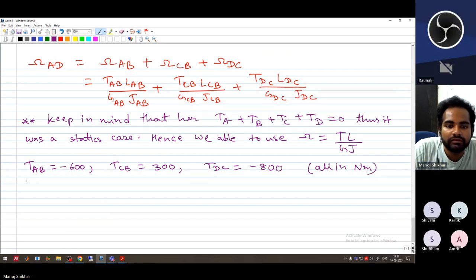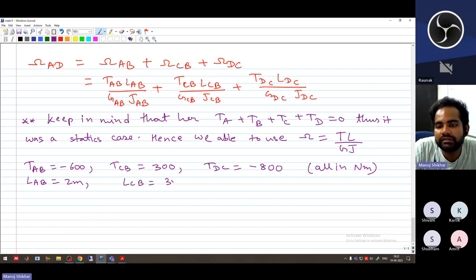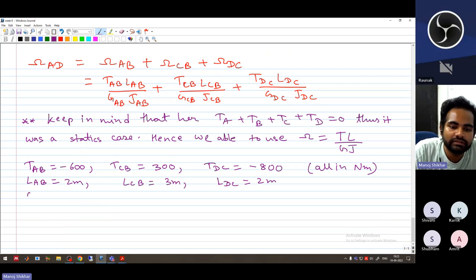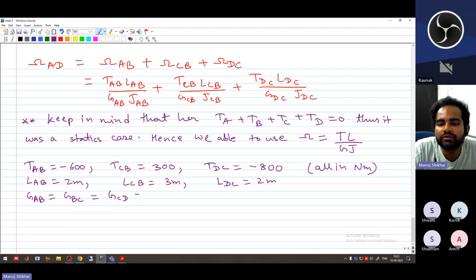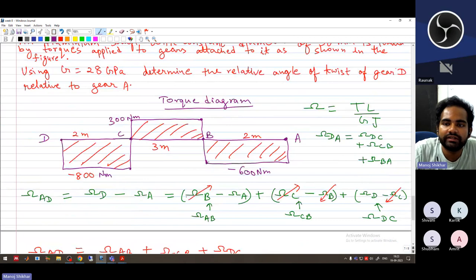Okay. LAB equal to 2 meter, LCB equal to 3 meter. It is given in the question. LDC equal to 2 meters. And GAB equal to GBC equal to GCD, because the shaft of same material is used, and I think it was 28 GPa, something like that. 28 GPa. Okay.